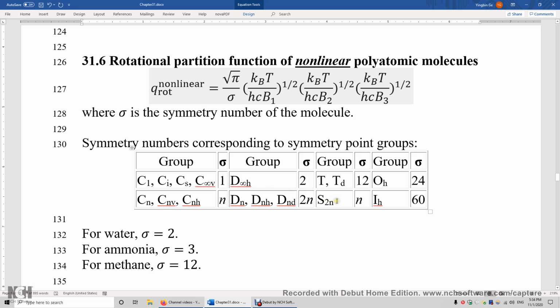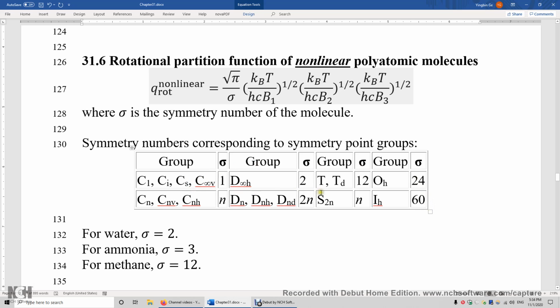For the S2n point group, sigma is n. For the T and Td point groups, sigma is 12. For molecules with an Oh point group, sigma is 24. For a molecule with this Ih point group, such as buckyball, sigma is 60.